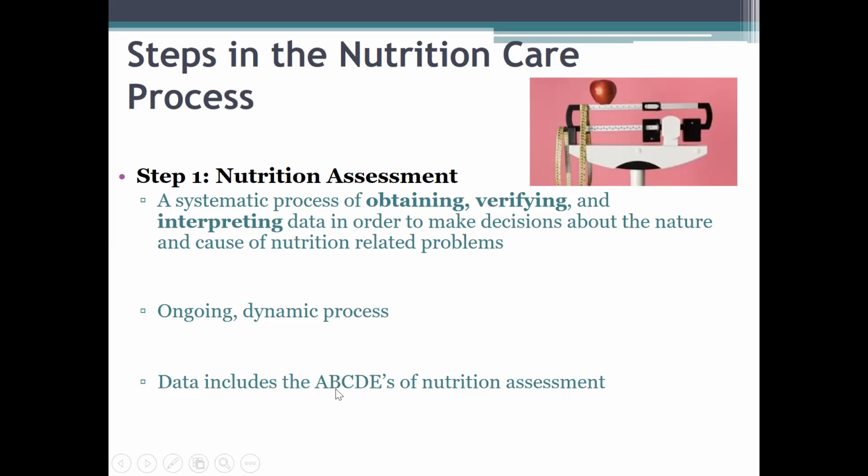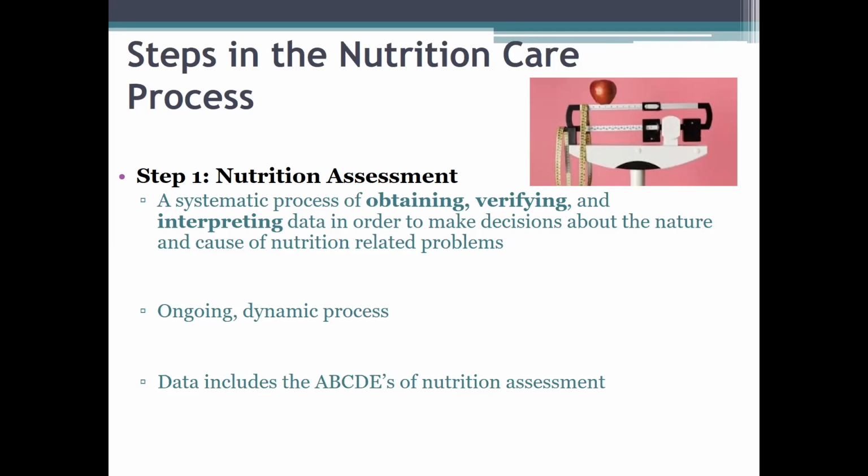B is biochemical data like blood lipid levels, blood glucose, fasting blood glucose, hemoglobin, anything you can sort of measure with a lab test. C is clinical data. This could be another type of diagnosis, like a medical diagnosis, like this person has type 2 diabetes, this person has obesity, this person is Tanner stage 3 if we're talking about adolescents.